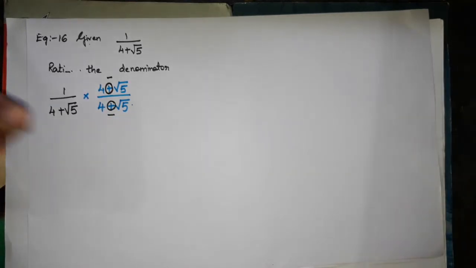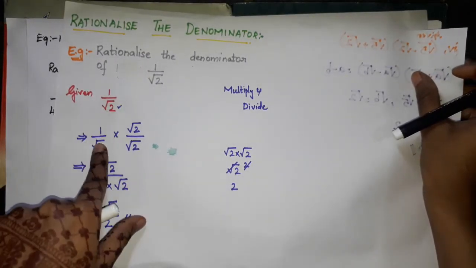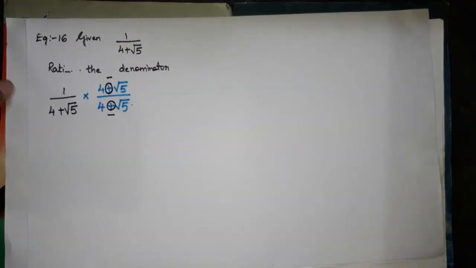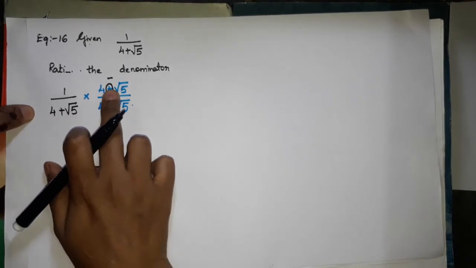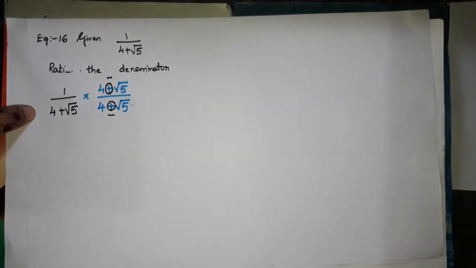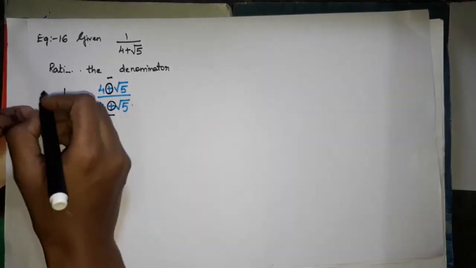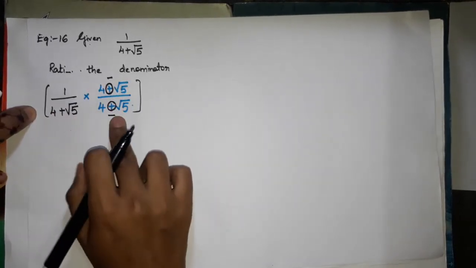Here only it was one term. There was no minus and plus, so because of that reason we wrote the same number. But in this case, in place of plus, we have to change the sign to minus, children. That is rationalizing the denominator. Understanding, children? Just for understanding, I have copied it like this, children.